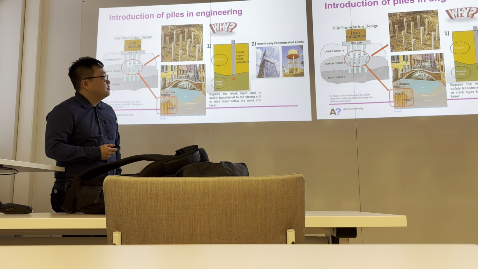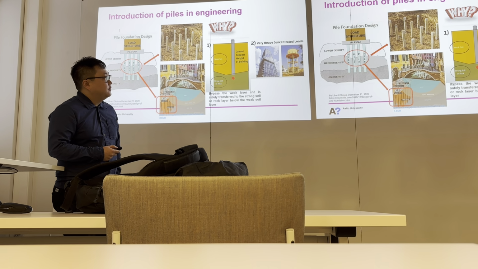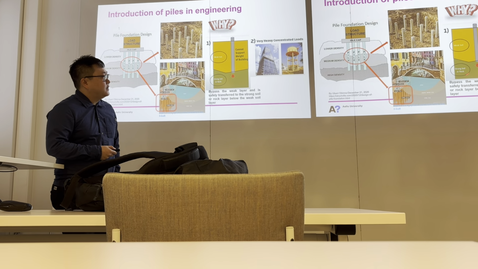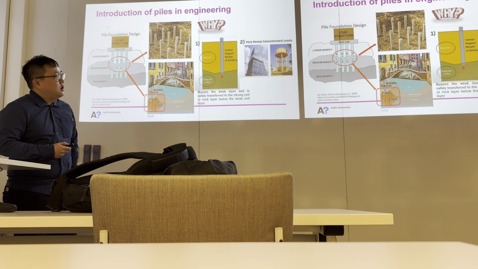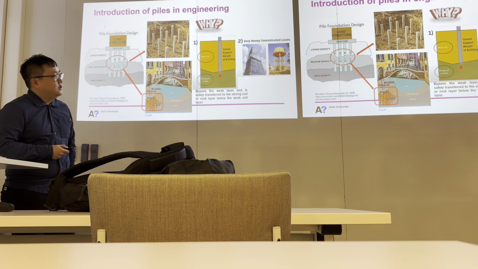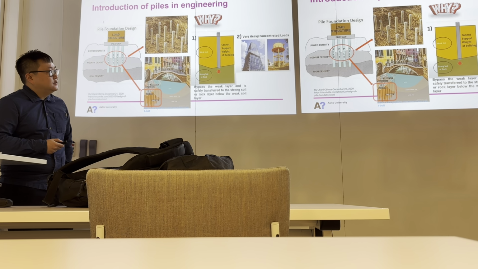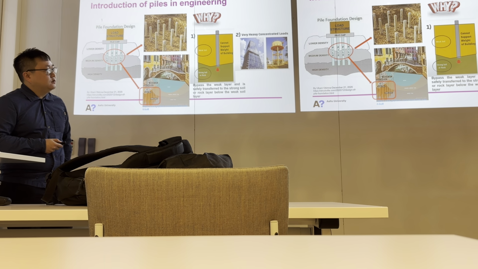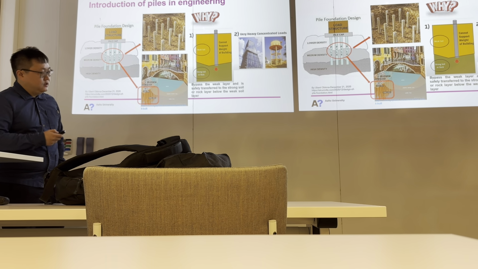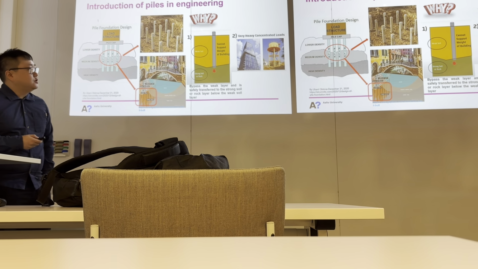If we choose the pile foundation, the load of the building can bypass the weak layer and transfer to the strong soil layer below it. The second situation is when the building structure has very heavy concentrated loads, such as a high-rise building, a water tank, or a bridge. At that time, we choose the pile foundation.